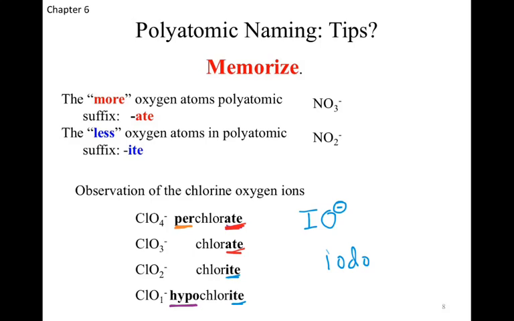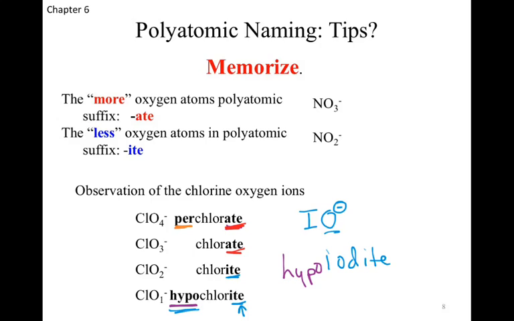We're actually going to have to delete that O. Because there's only 1 oxygen, we're looking at the ite ending, so it's iodite. Iodite, but there's only 1 oxygen, so we have to go even further and specify the hypo. So you get hypoiodite. Okay? So there is some sort of logic behind these, but not a whole lot. Okay?